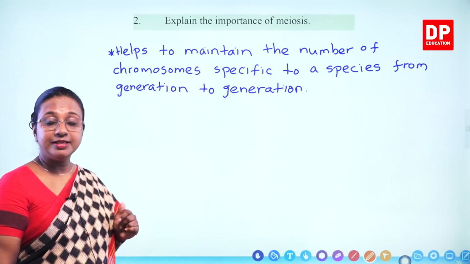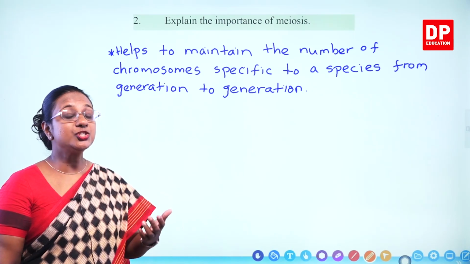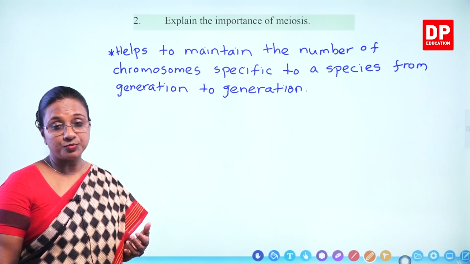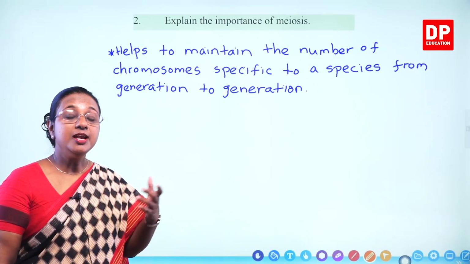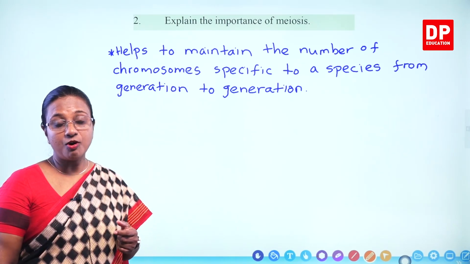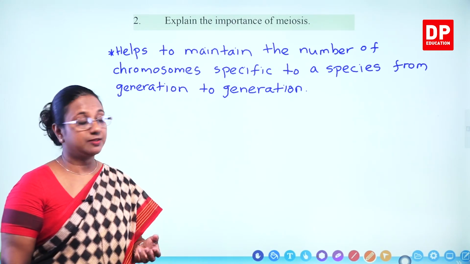What is the next significance? There are changes occurring to the chromosomes. That is variation. Therefore, new characteristics are formed, and that is important for evolution.